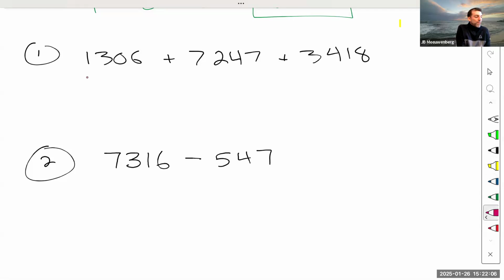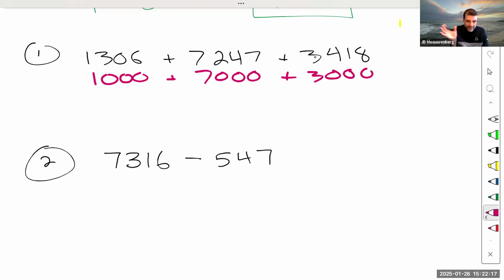So for number one, what you would do if you're using front-end is 1,000 plus 7,000 plus 3,000. You're leaving zeros after that first number. I look at the 7,000 and the 3,000. That makes a nice 10,000 plus 1,000 is 11,000.